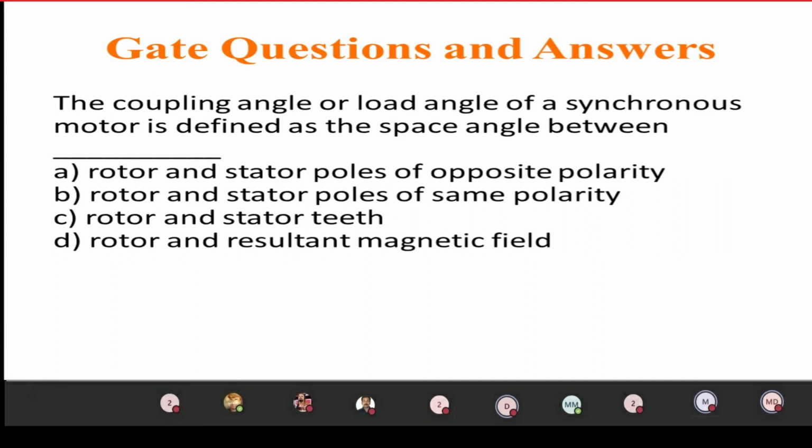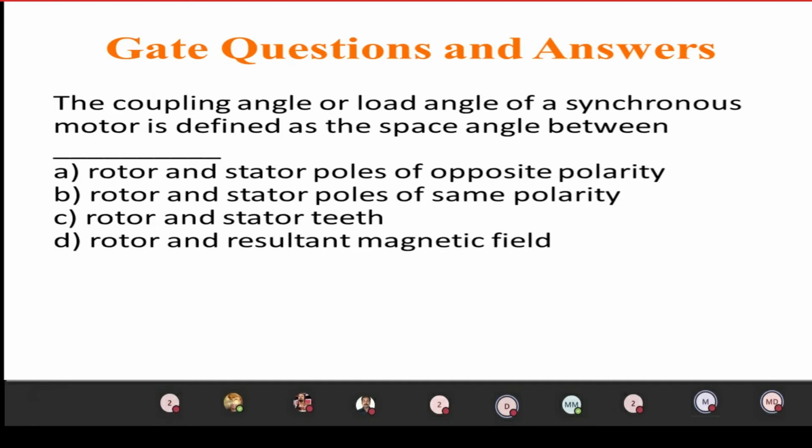The coupling angle or load angle of a synchronous motor is defined as the phase angle between dash. Here, once it is connected, it acts like a synchronous motor.